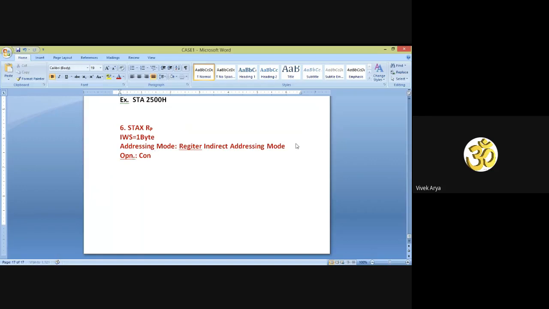The content of accumulator will be stored at the memory location that is the content of RP.